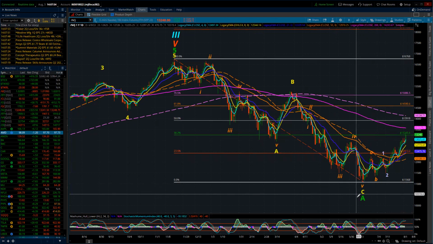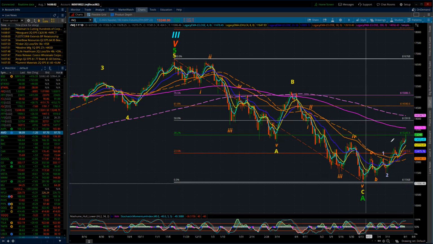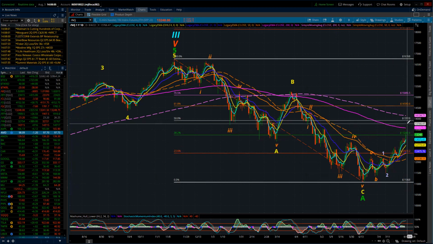So that brought that about, so I can show the whole process. Remember what I said, that the A or the minor 2 can both travel almost to the same levels without invalidating either possibility. But it would be what comes next.